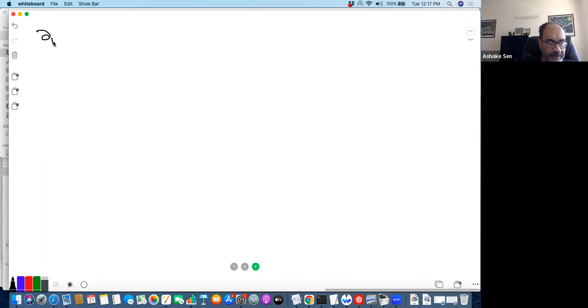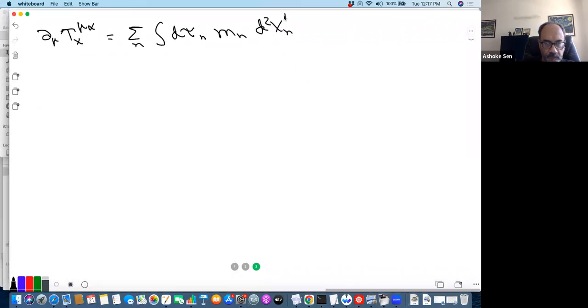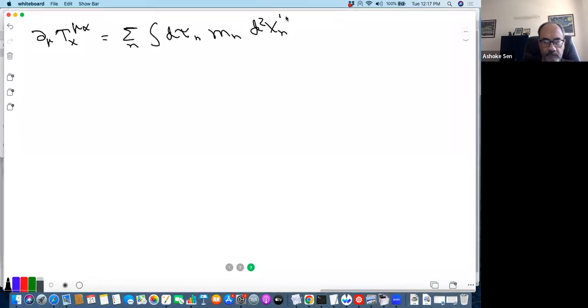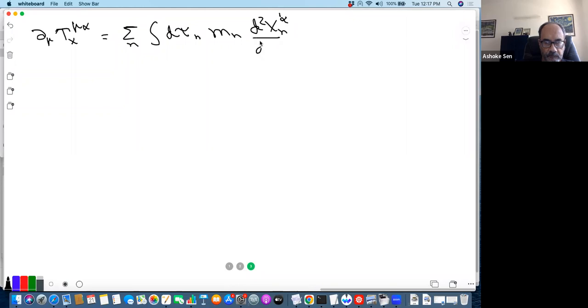So at the end of it, we get, boundary terms of course vanish at tau equal to plus minus infinity.